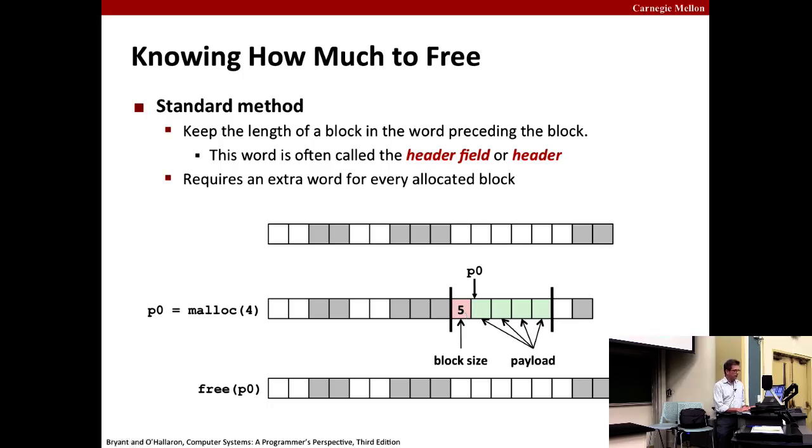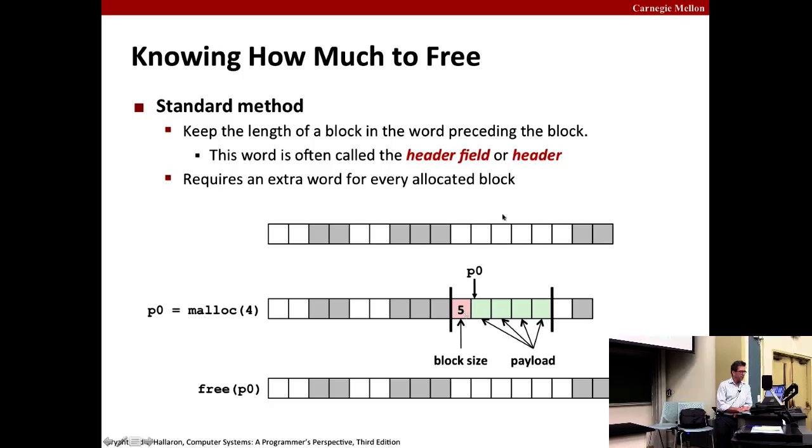I'm showing them here in word-size units. So if the application wants to malloc a payload of size 4, then the allocator needs to find a block of size 5, consisting of at least 4 payload words, and a header word at the beginning that indicates the total size of that block.